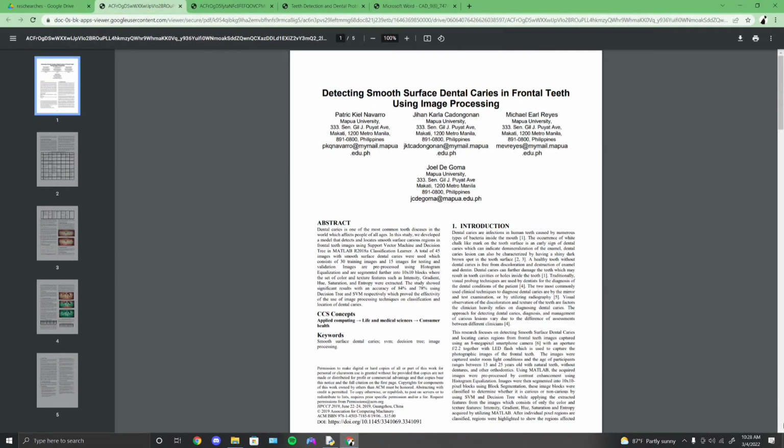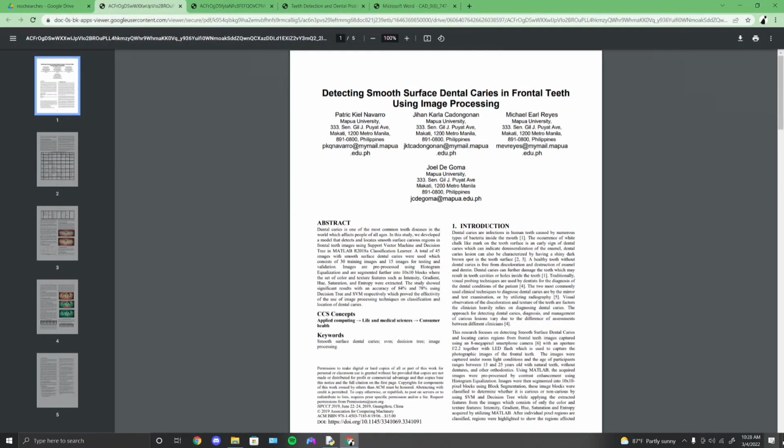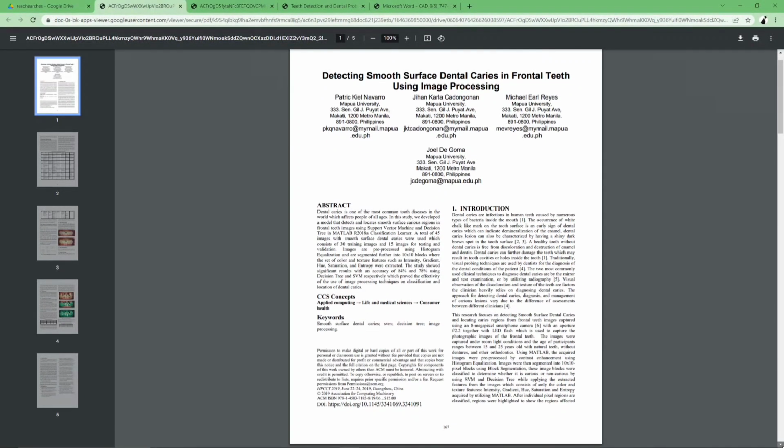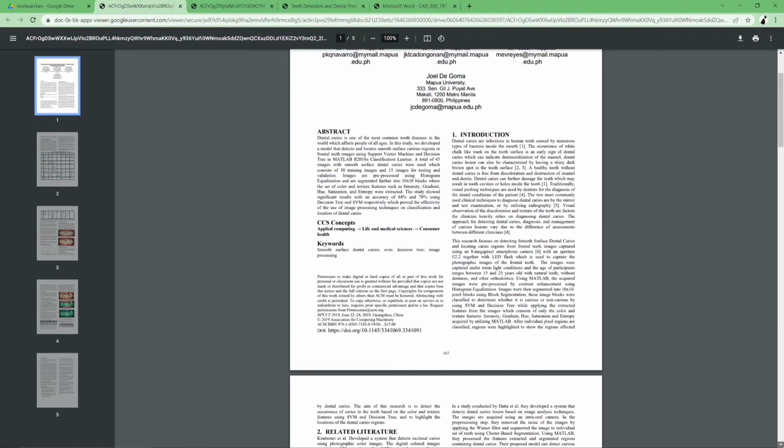Another research that was conducted on dental caries was in 2019, by the name of detecting smooth surface dental caries in frontal teeth in image processing. They have used normal dental images of patients with dental caries as their data.